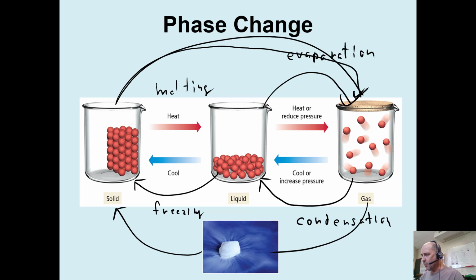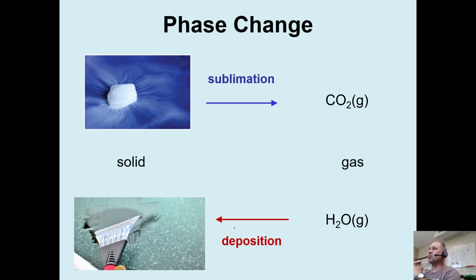And that's called sublimation. All right, so this is dry ice here, and if you do some hunting, and a lot of you guys do here in this region, you have probably bought some dry ice to keep your venison cool. Dry ice is carbon dioxide, and it will not melt. It will go straight to the gas phase. And so that's called sublimation. And the opposite process is called deposition.